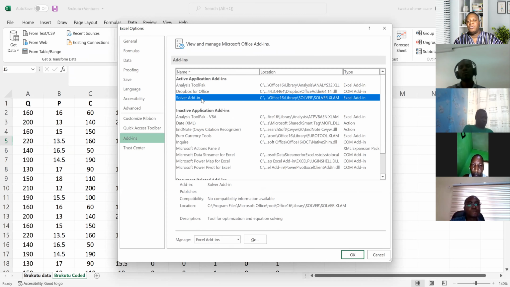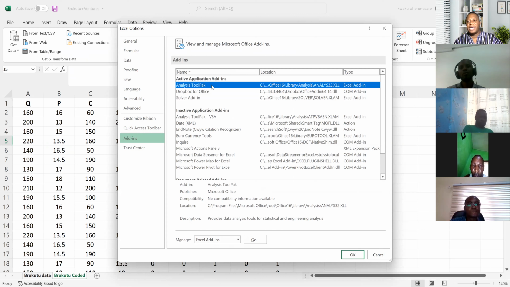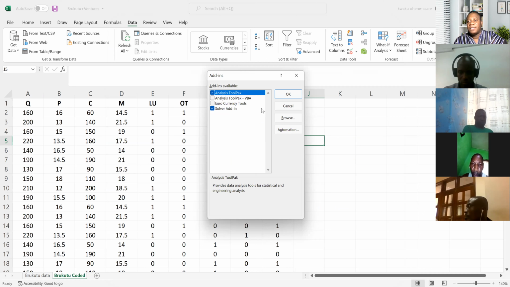Then in the add-ins, you will see Analysis ToolPak in the list. Click on it and come down to the bottom of the options pop-up. You will see Go. Come down, you will see Go, not OK. Click on Go. And then you see Analysis ToolPak. Tick it. There's a box to the left of it.